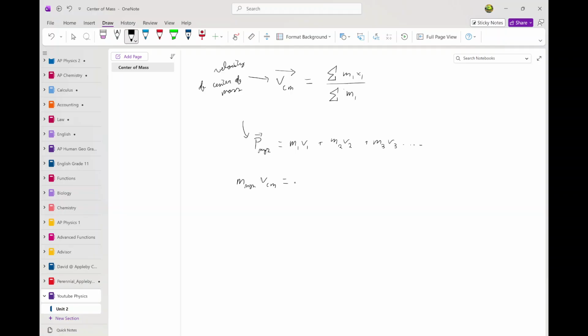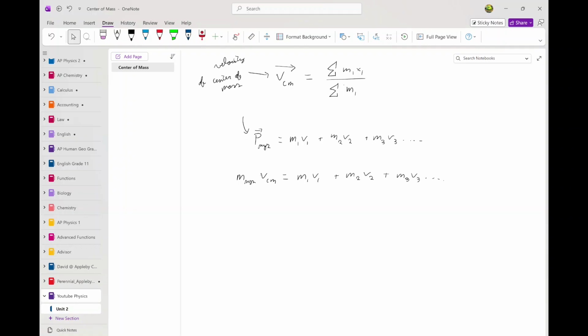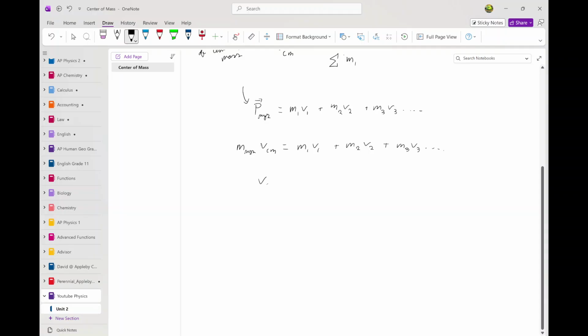Then you can rewrite the equation and get that VCM equals m1 v1 plus m2 v2 plus m3 v3 and so on, all divided by the mass of the system.